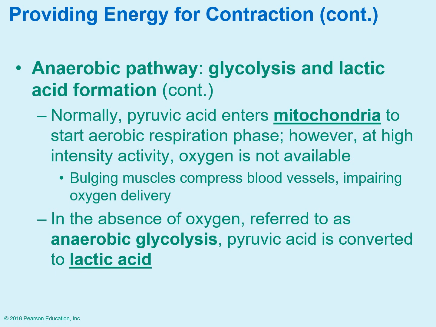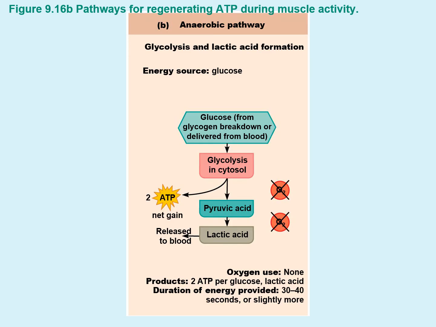Only 2, but hey, 2 is better than nothing. So here's what's happening. Your glucose is being broken down. You're getting some ATP, a little bit better than nothing. And what are you producing? You are producing lactic acid. And remember, this is without oxygen.